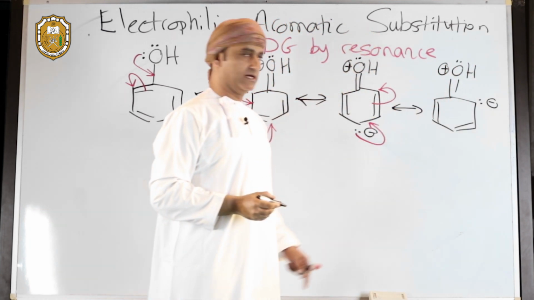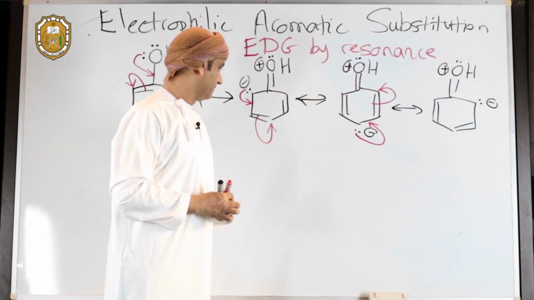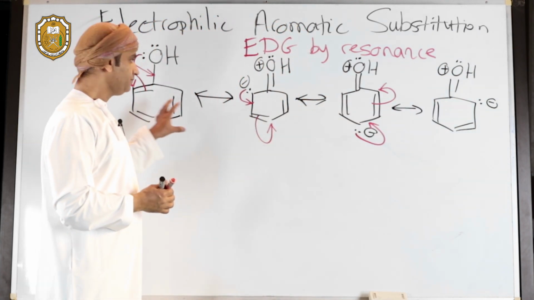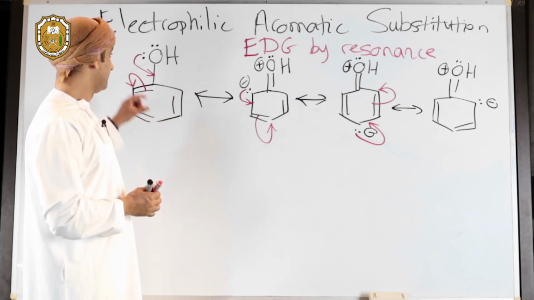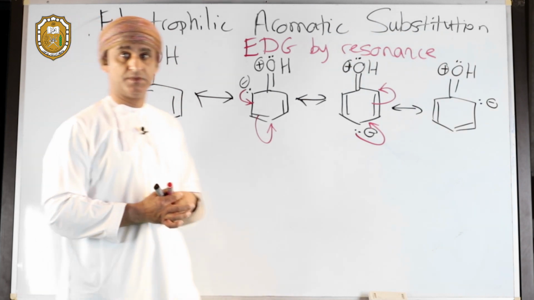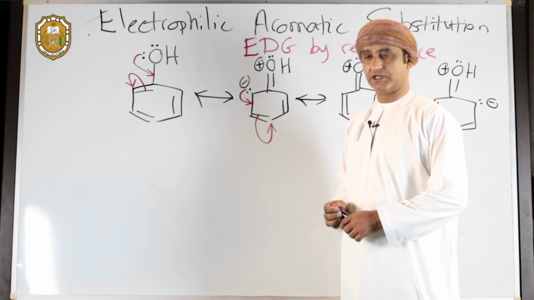that has a lone pair on that carbon. So we can clearly see as a result of this resonance donation that the oxygen atom in the hydroxyl group, because it has a lone pair, can donate electrons by resonance.